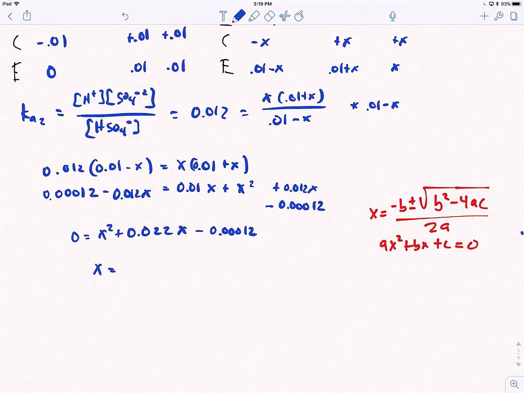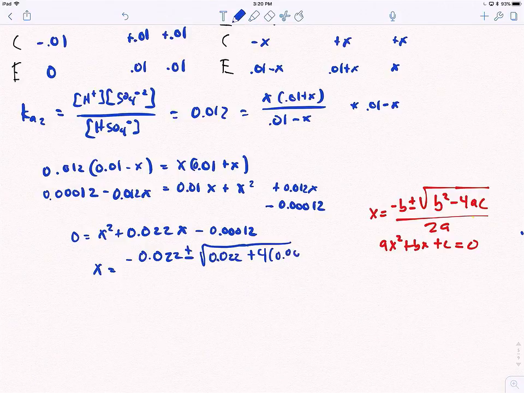x equals minus b, minus 0.022, plus or minus the square root of b squared, 0.022 squared, minus 4 times a, actually it's going to be plus that because c is negative.